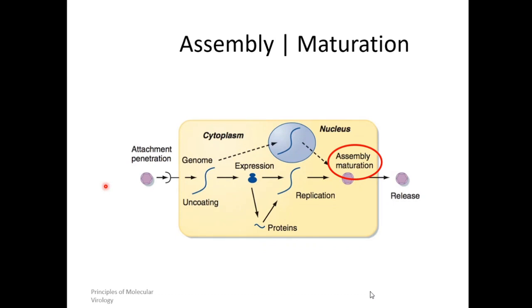During assembly, the basic structure of the virus particle is formed, as you can see. The site of assembly depends on the site of replication within the cell and on the mechanism by which the virus is eventually released from the cell.